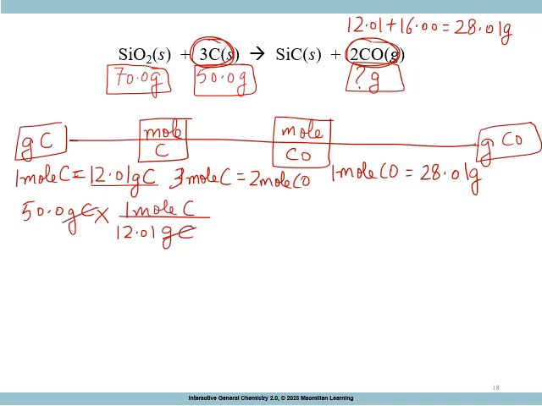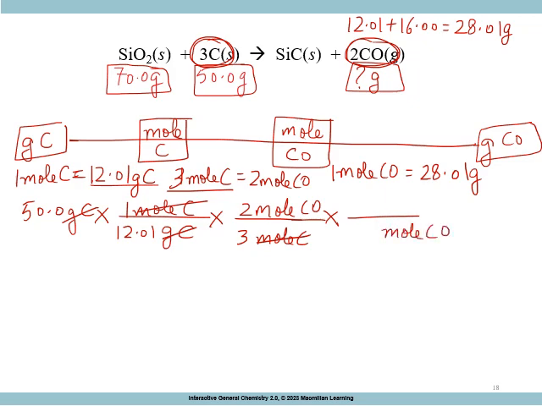Grams of carbon gone. Now my starting unit is moles of carbon, so moles of carbon should go in the bottom. How many? 2 moles of carbon monoxide goes on top for every 2 moles of carbon. Moles of carbon gone. Now I multiply with another factor coming from this last conversion factor. Because my starting is mole of CO, it goes in the bottom, and grams of CO goes on top.